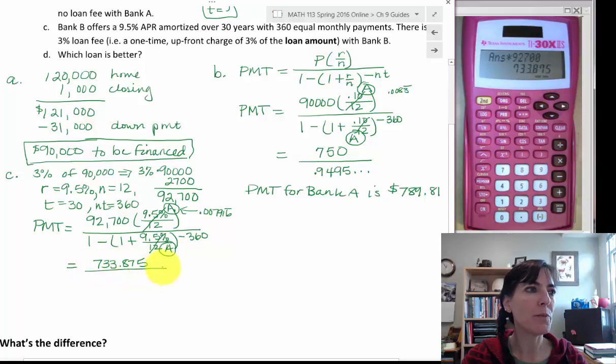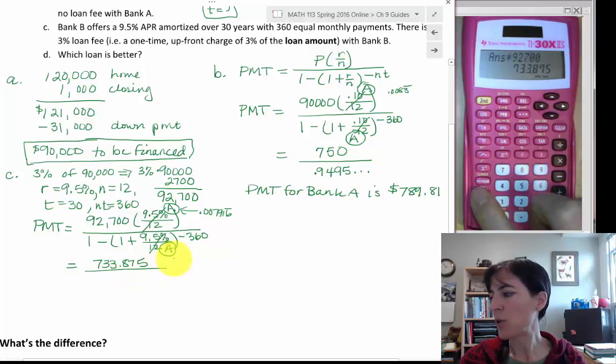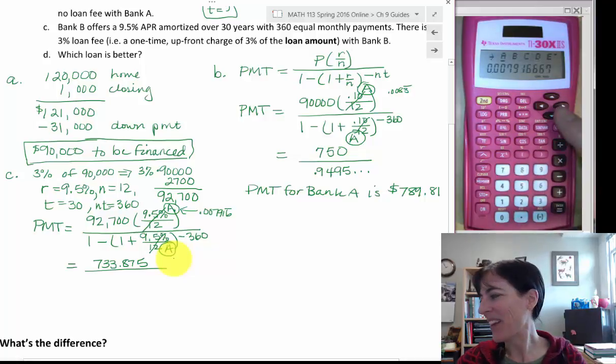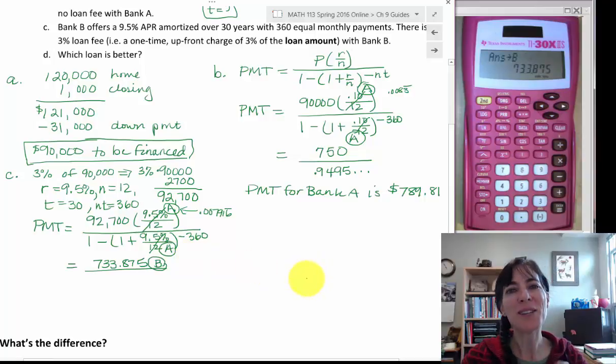I'm going to go ahead and store that in B because it's fewer calculator keystrokes. Now you know how lazy I am. Lazy, or I'll say it's efficient, because really if I use my storage bins, I don't make a mistake when I'm retyping in a number. So I'm being smart, actually, not lazy, not entirely lazy.